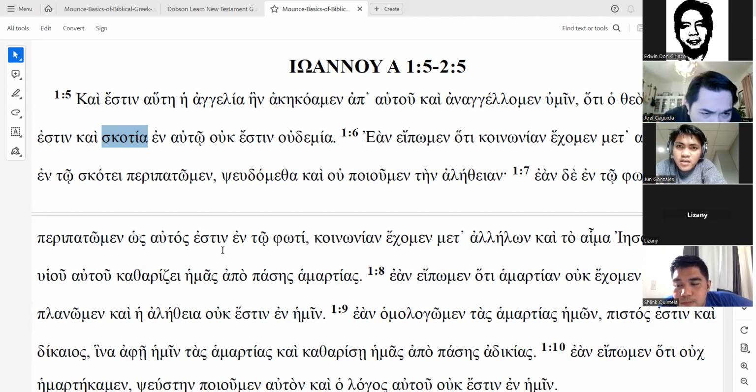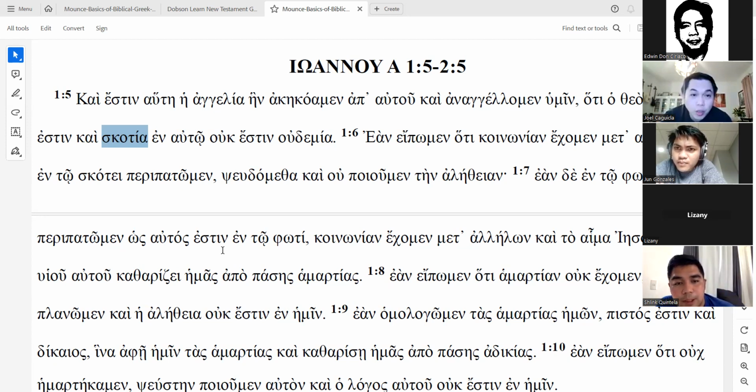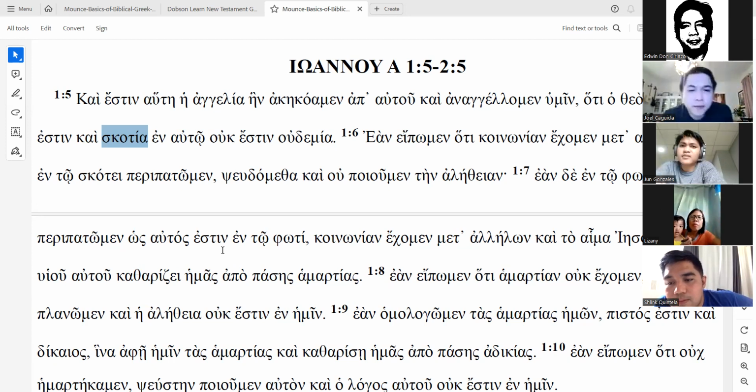So it's met autou. Kai en to skotei peripatomen. This is a long one. Peripatomen. And then, remember the PS. So this is pseudometa. Remember pseudonym. It is a false name, or a nickname. Pseudos practically means liar.